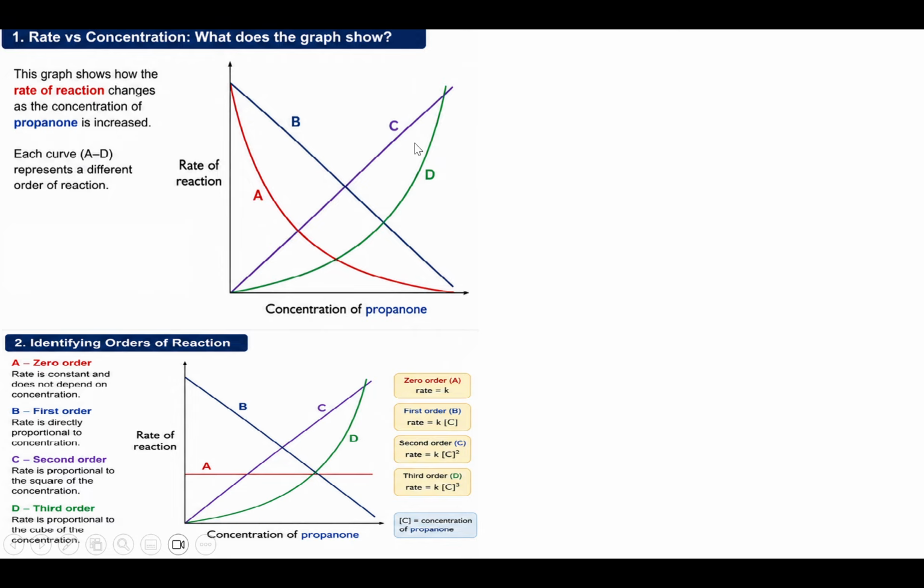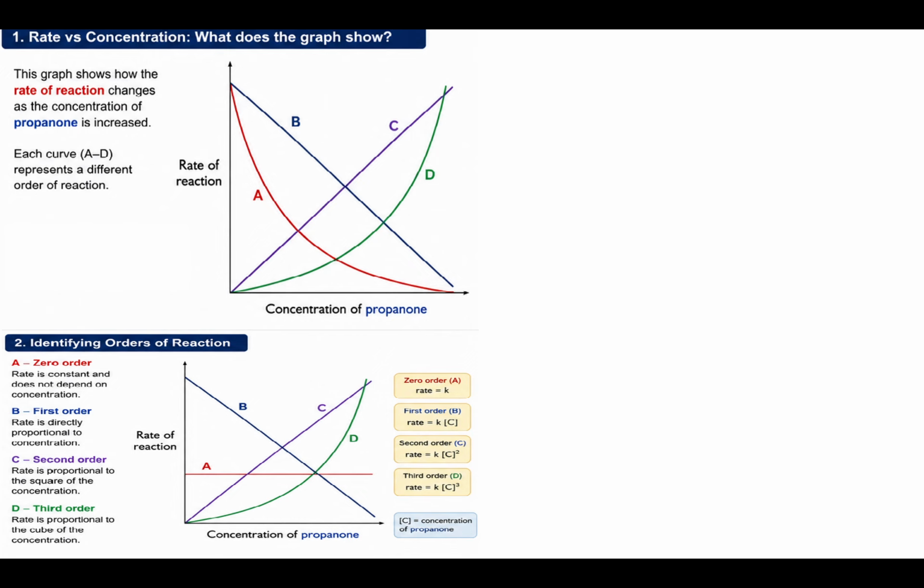This does not represent the usual zero, first or second order reaction. So in this case, A is the flat line over here, which is a zero order reaction, and B, although it stays a straight line, has a negative gradient, meaning the rate decreases as concentration increases. So this is not a first order relationship.